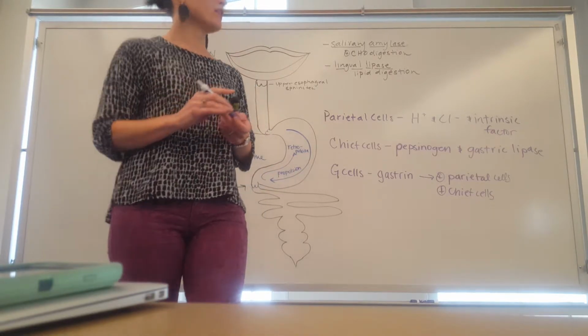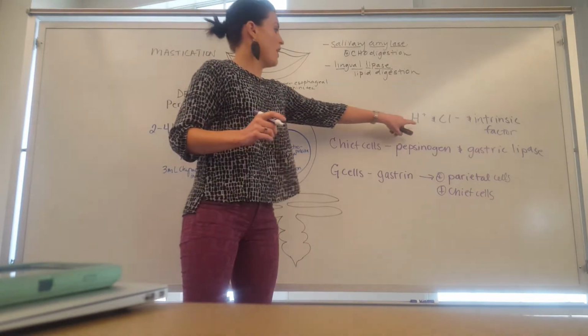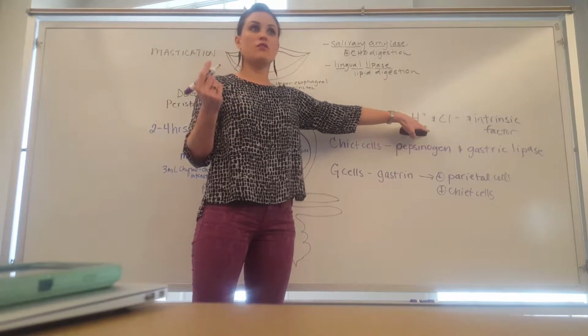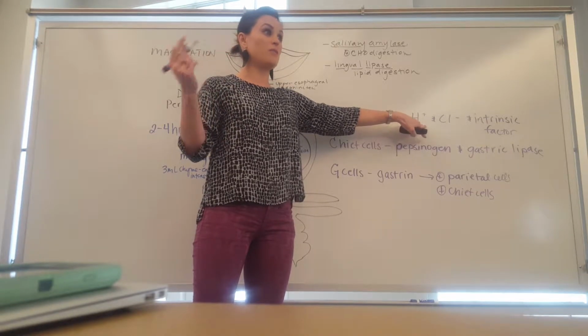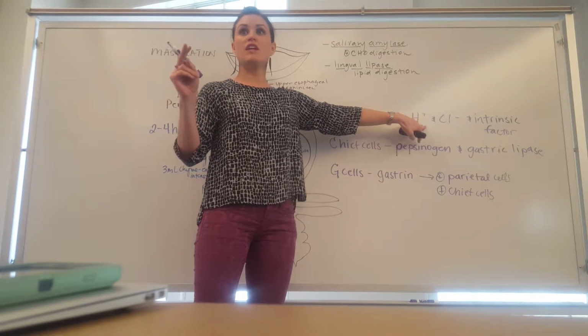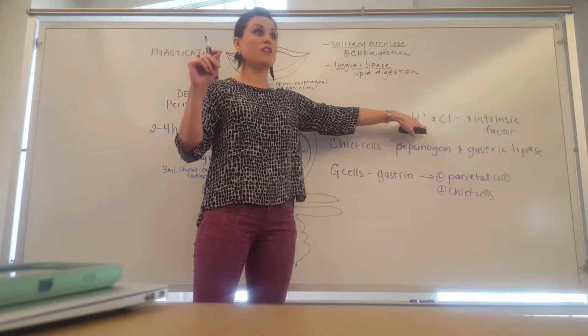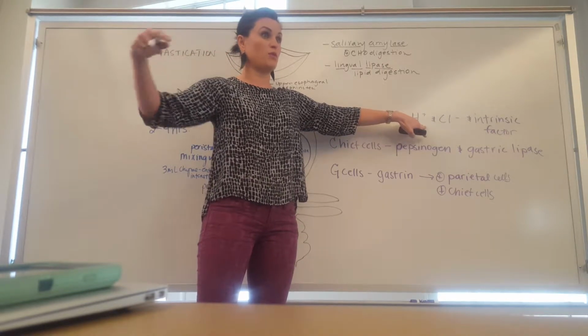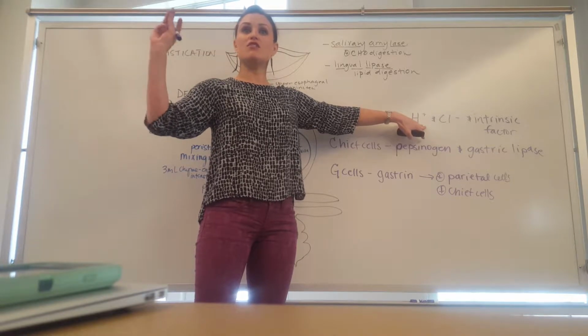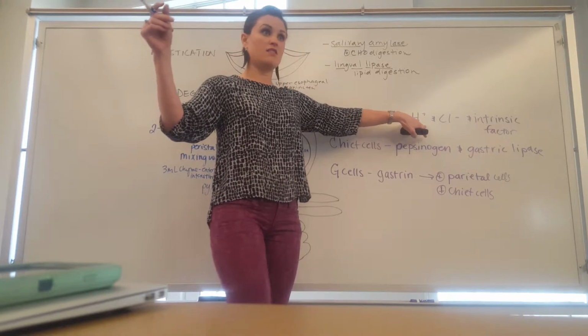So, what does hydrochloric acid do? Hydrochloric acid does a few things. One, it degrades microbes in the stomach, so that's great. Two, it's necessary for activation of a lot of the enzymes that are going to be required to break down other products.